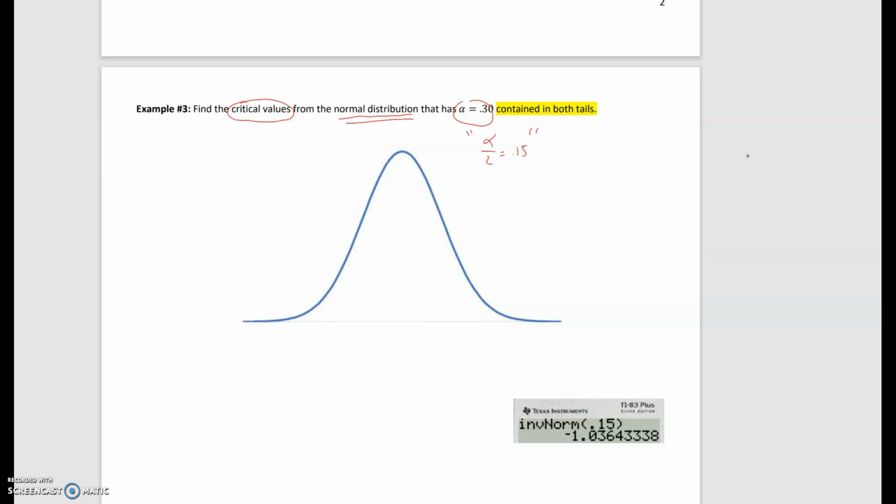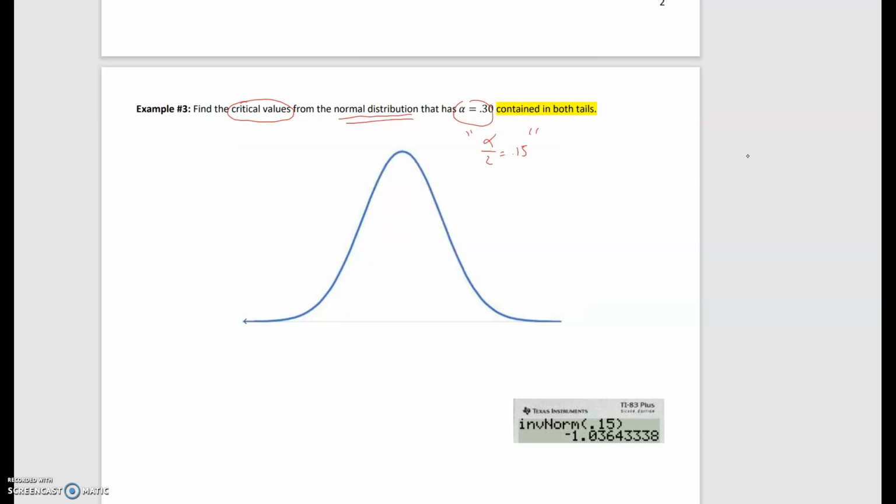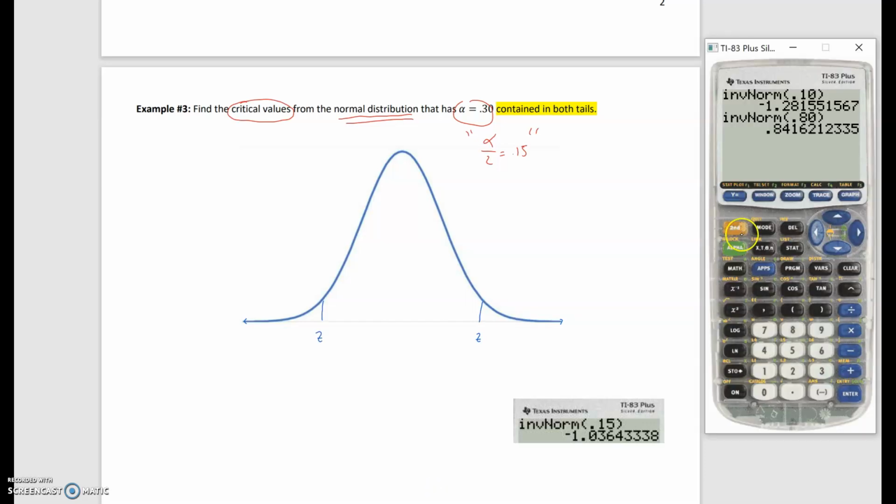And that means that each tail is going to have a total area of 0.15. So let me just place them here. This is going to be a z-score and then another z-score. And the way that you're running this one is going to be the same. So inverse norm of 0.15, which is going to give us negative 1.04 technically if we do 2 decimals.